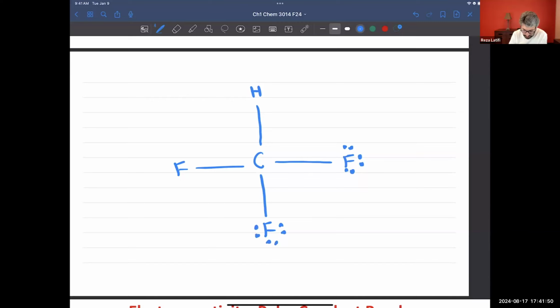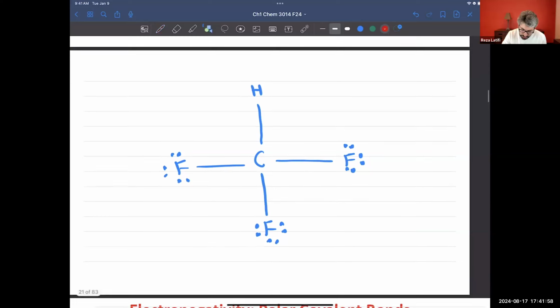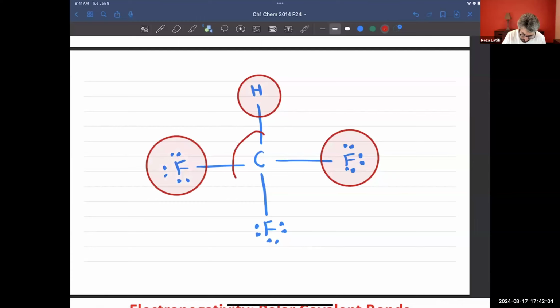What you need to do is draw a circle around each element. Next, how many electrons inside the circle do I see? I see only one.